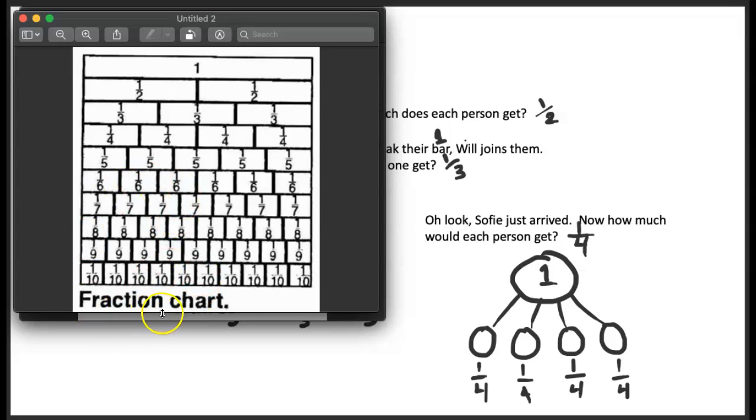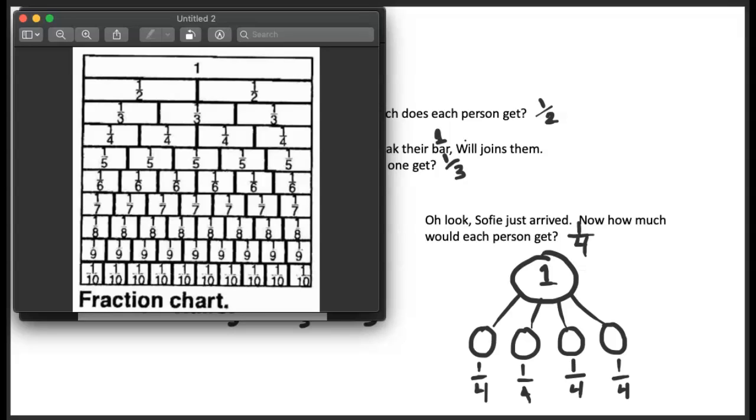All right, so we got our whole fraction chart. Put it together like this, and let's think back to our granola bar problem. Okay, remember it started with Lou and Joe, who just wanted to enjoy their granola bar, and they were going to split it, divide it between them. Okay, so which row on our fraction chart represents or shows Lou and Joe dividing the granola bar between them?